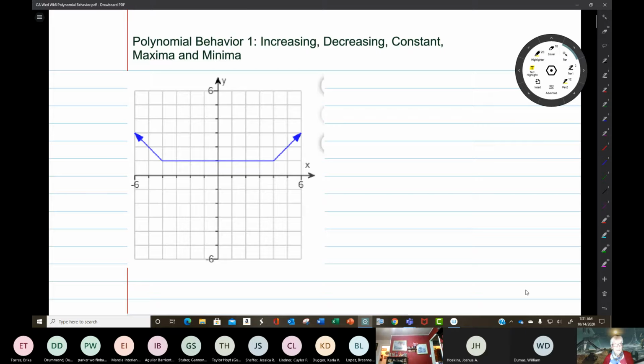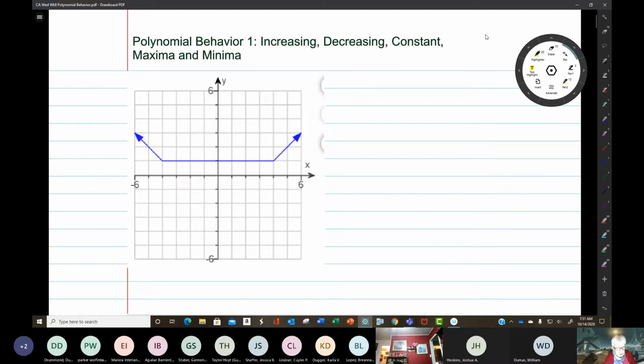This is actually more of a piecewise defined graph, but it does the job. When we talk about increasing and decreasing and constant, which is the first part we're going to talk about here, we think in terms of left to right, like so much that we do in mathematics.